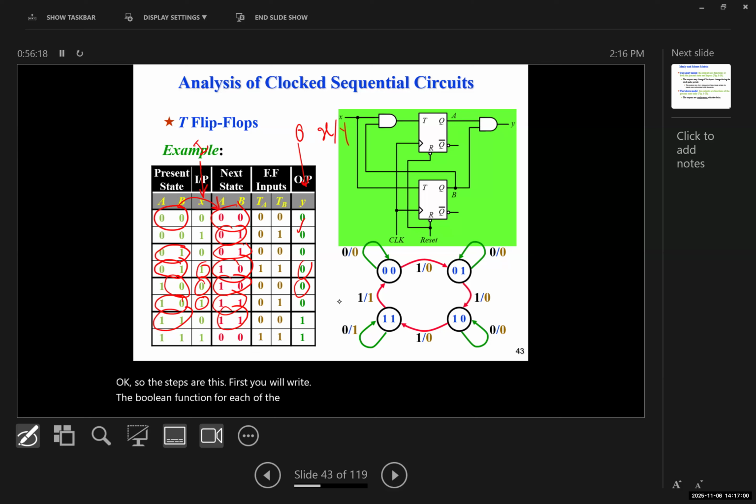Here we have an output Y, so you will write it down, and A and B. Then you would draw the truth table for it, and from the truth table you get to the diagram. Sometimes, and I'll show you later on, you can actually simplify the whole system with this diagram.